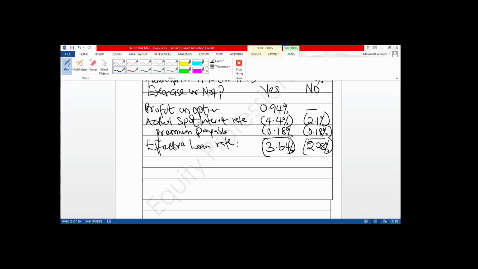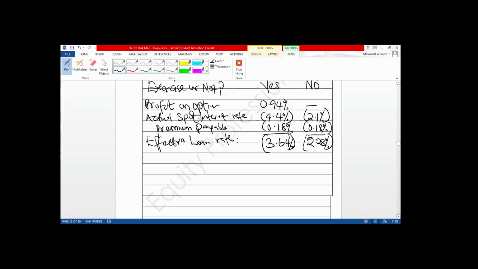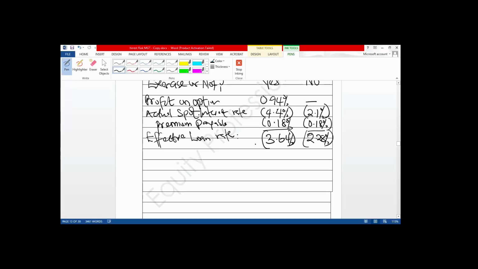If you look at the two scenarios, it's still within the company's plan. Our borrowing rate must not exceed 3.75%. Done.